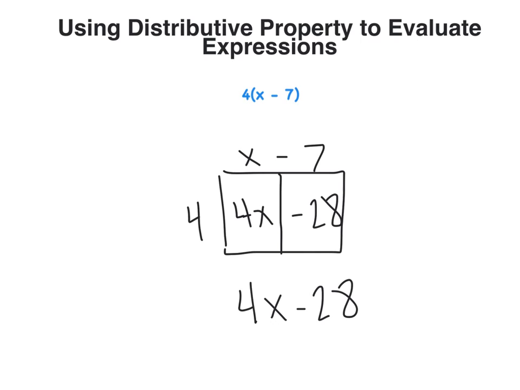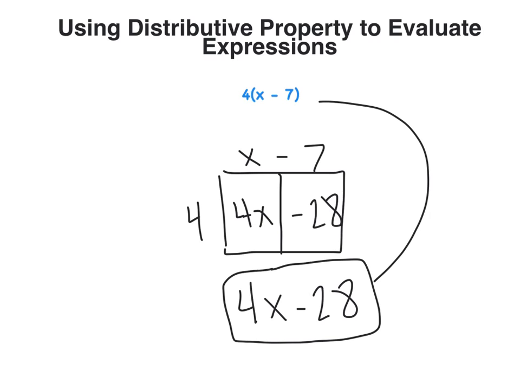And be very careful. We cannot add our x's and our whole numbers. We have to keep them separated. Like our 4x, we can't just make it negative 20. So really this is the expression, simplified.